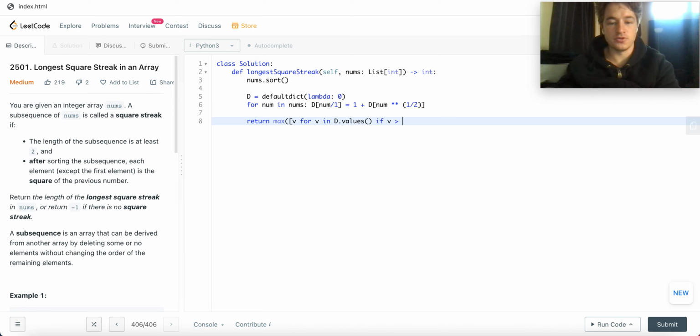If the value is greater than 1. And then if there is no such subsequence, we just return -1 as our default value.